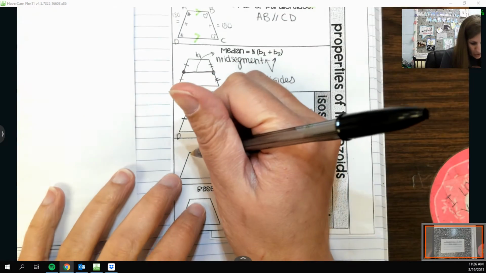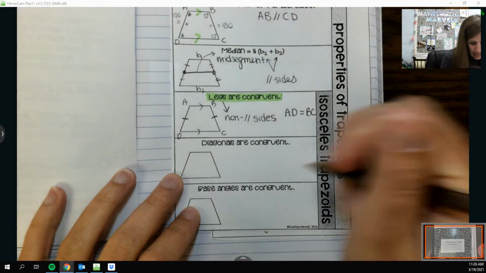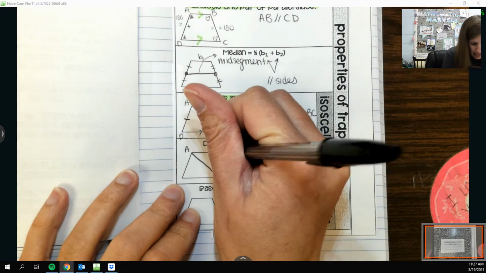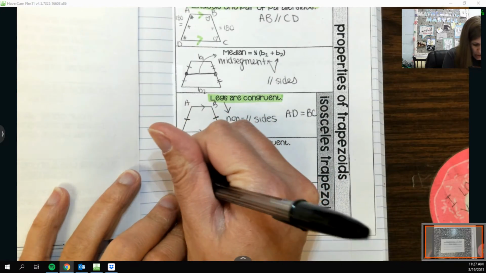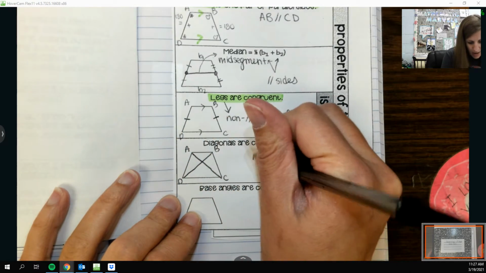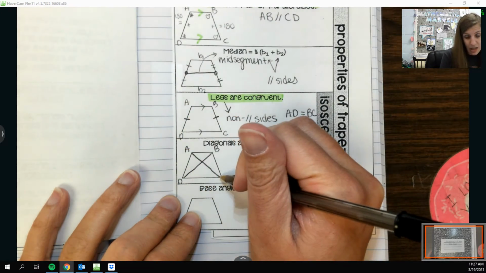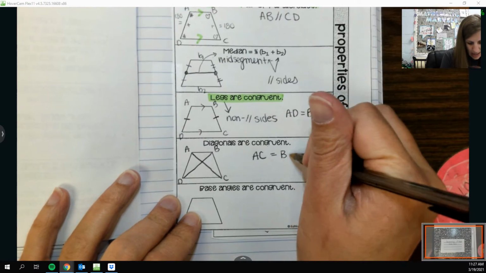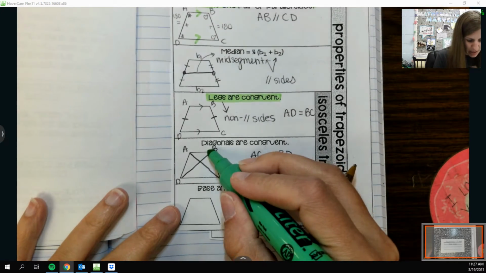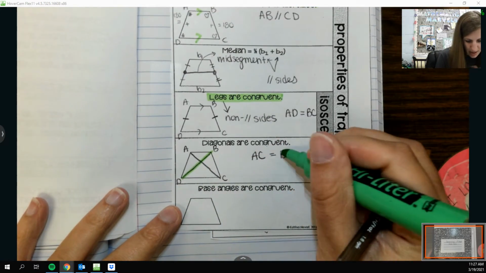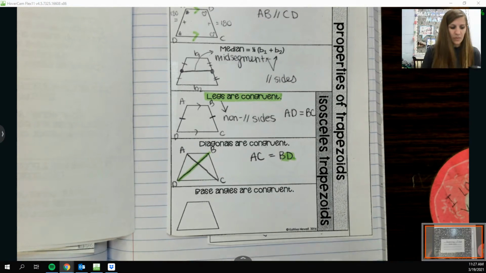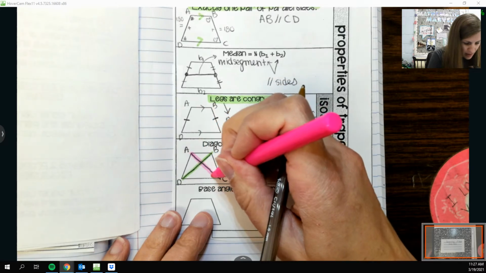So if I draw a diagonal in an isosceles trapezoid, it is fully congruent to the other diagonal. So kind of like a rectangle. AC, the whole diagonal, is congruent to BD, the other whole diagonal. So like, just to be super clear here, this whole thing is congruent to this whole thing.